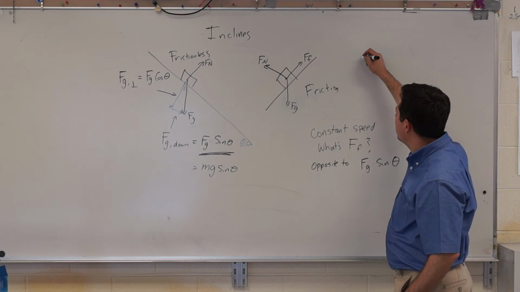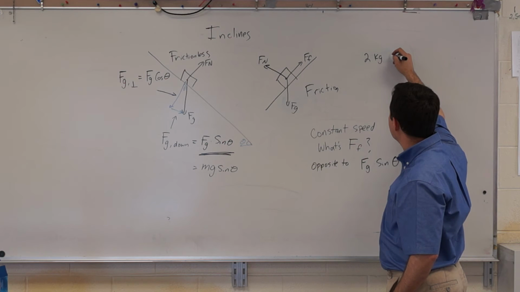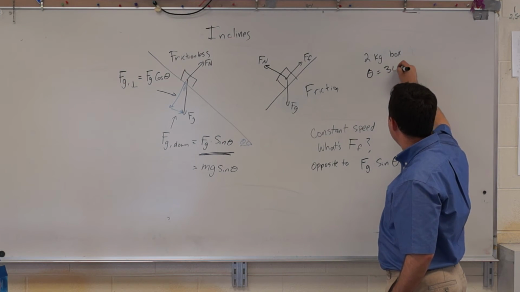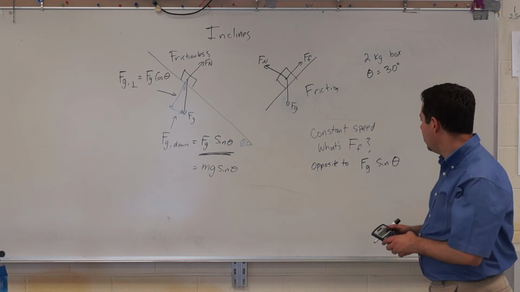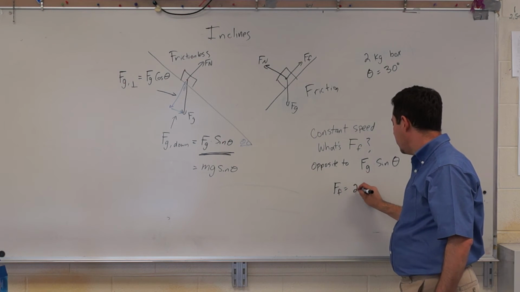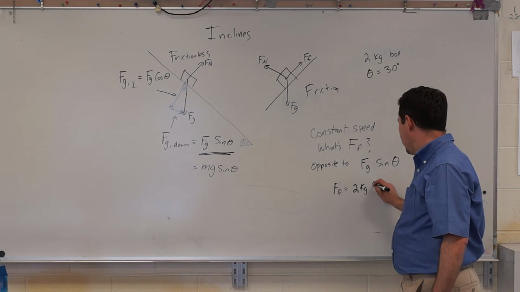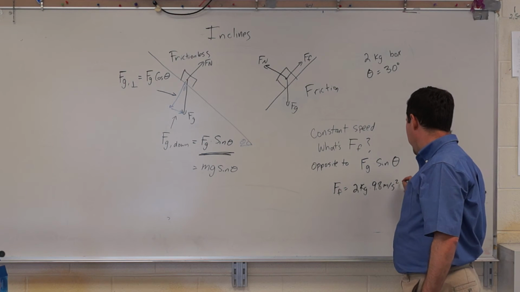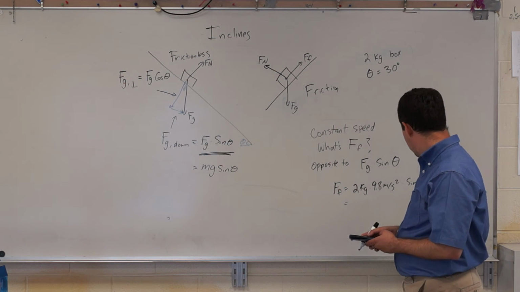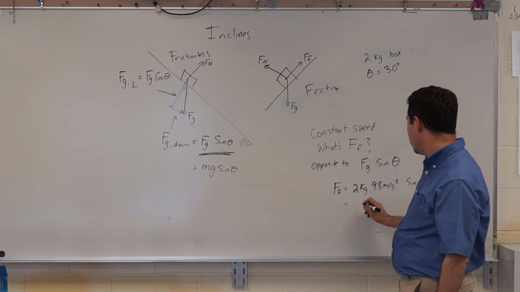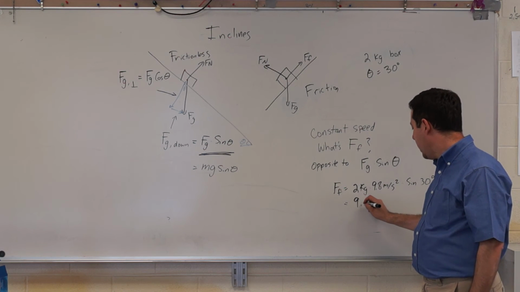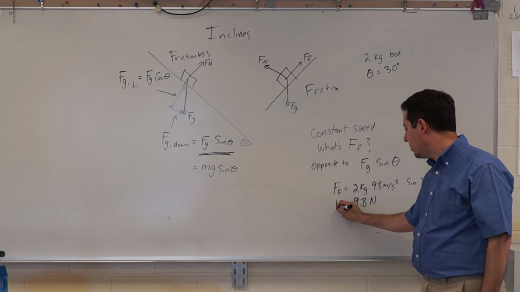So if I made up numbers, like I said, oh, it's a 2 kilogram box, and I said the angle was 30 degrees, I could say, well, let's see, force of friction is your weight, which is 2 kilograms times 9.8 meters per second squared times the sine of 30, which should end up being, sine of 30 is 1/2, 2 times 1/2 is 1, 9.8 newtons.